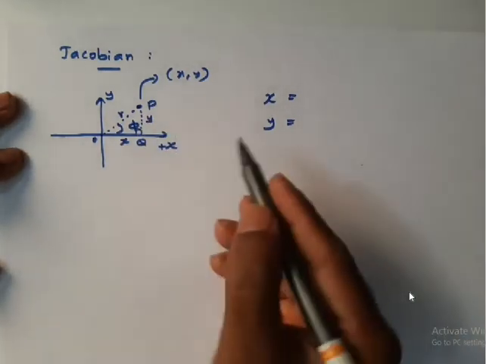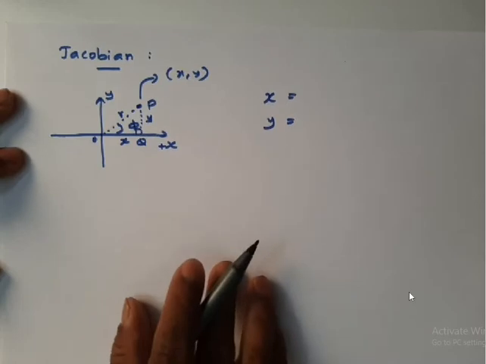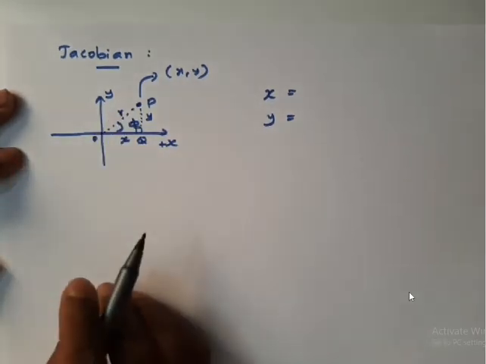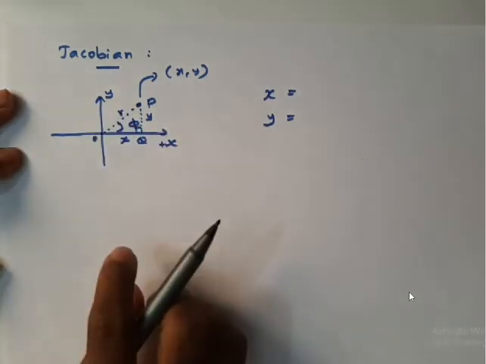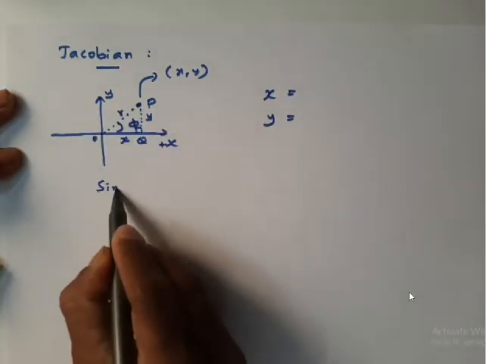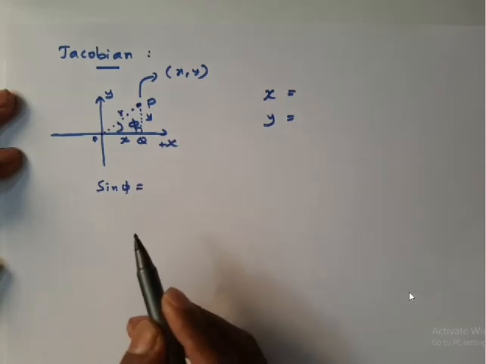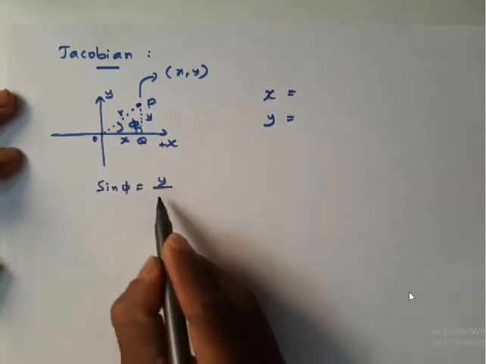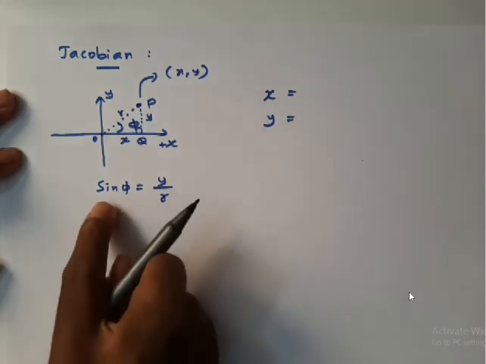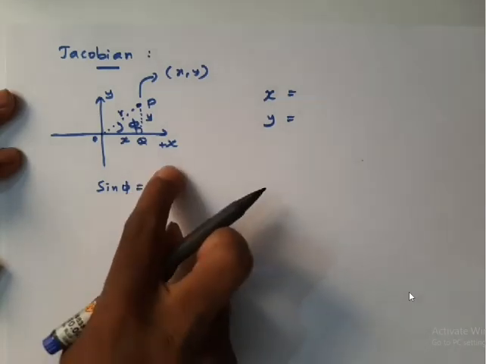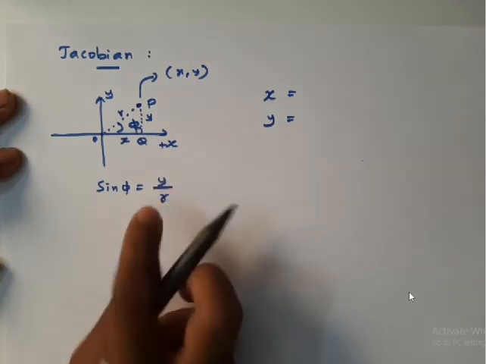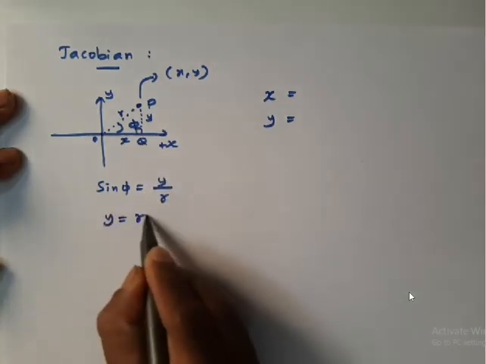By applying the triangle property for a right angle triangle, you know very well, sine phi is nothing but opposite side by hypotenuse. The opposite side is y, the hypotenuse is r, therefore y is equal to r into sine phi.